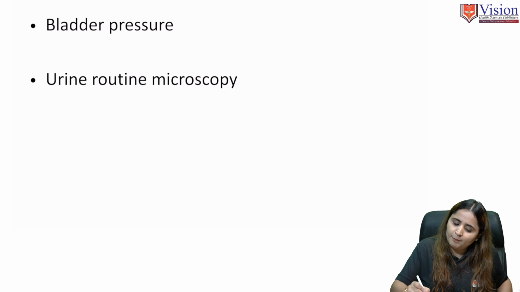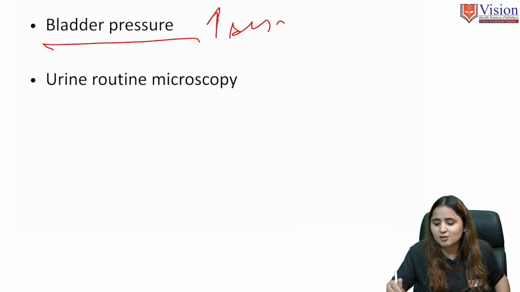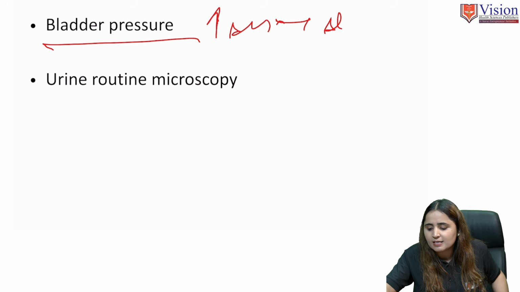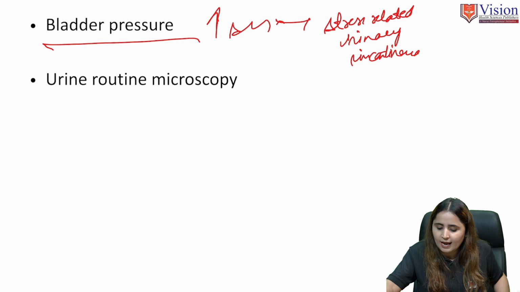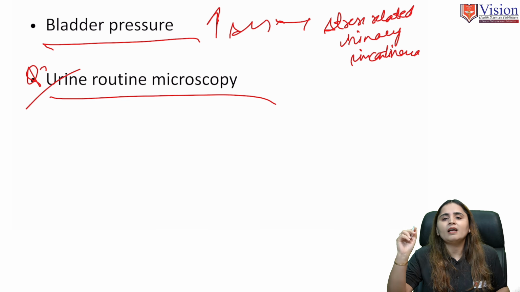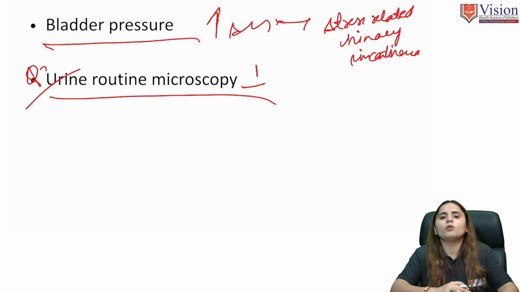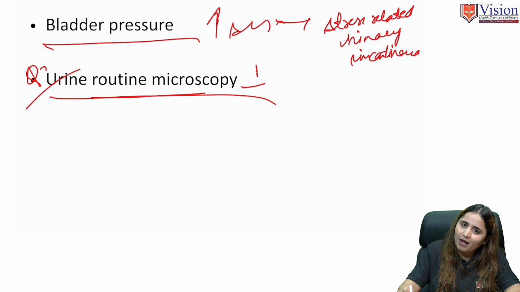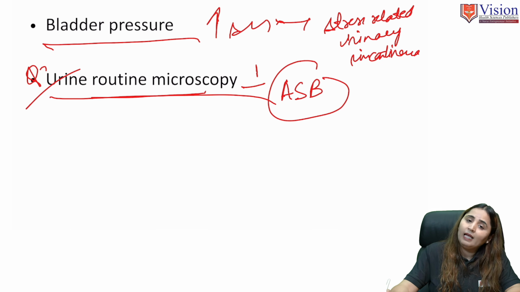Okay, and bladder pressure definitely increases in pregnancy, due to which there is stress urinary incontinence in pregnancy. Okay, and always remember, this is a very important question: whenever any pregnant female comes for an antenatal visit, we should routinely use urine routine microscopy to diagnose asymptomatic bacteriuria.